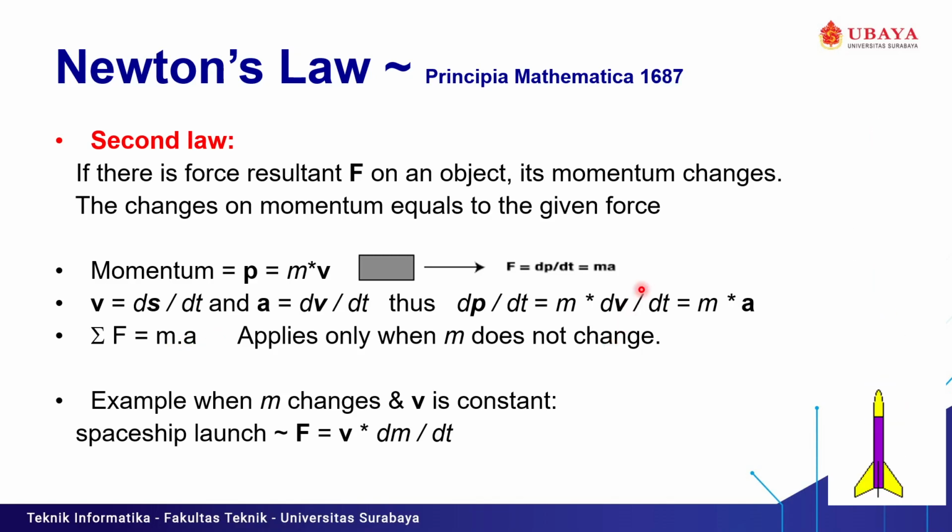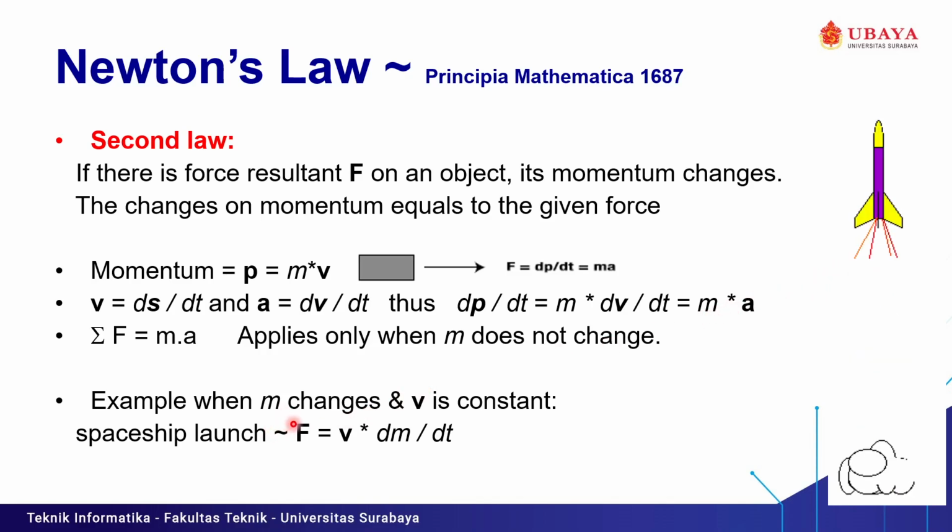There are some cases when the m does change. This is an example when the m changes and the v is actually constant: a spaceship launch. Because it burns fuel, the spaceship loses mass over time.